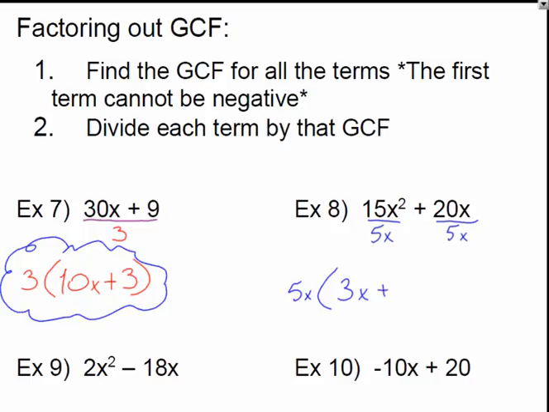Plus 20 divided by 5 is 4, and I took my x out, so there would be my final answer. You can always go back and check these by redistributing. If you redistribute and you get a different answer than what you started with, something has gone wrong somewhere.